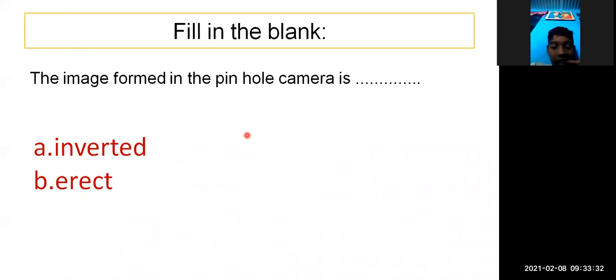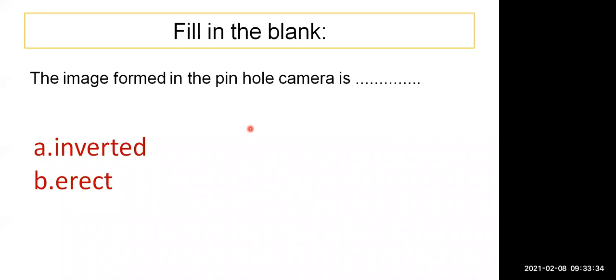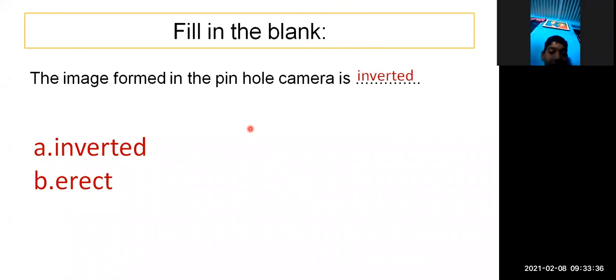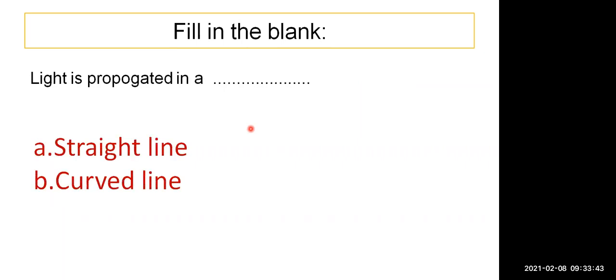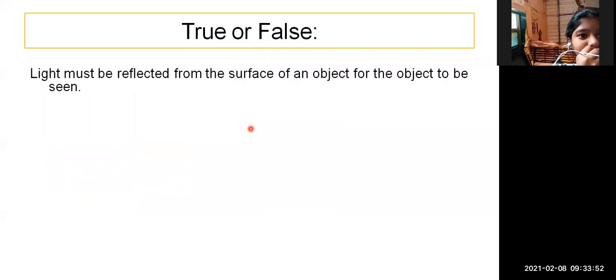Inverted. Very good. It is an inverted image. Now, this question, light is propagated in a straight line or the curved line? Straight line. Very good. It's in the straight line.